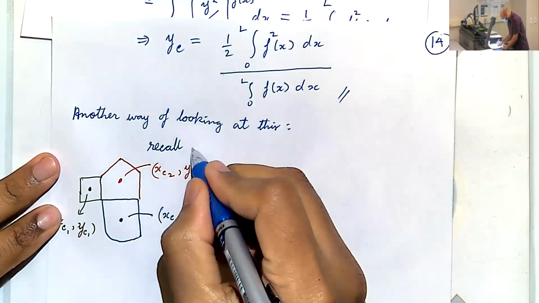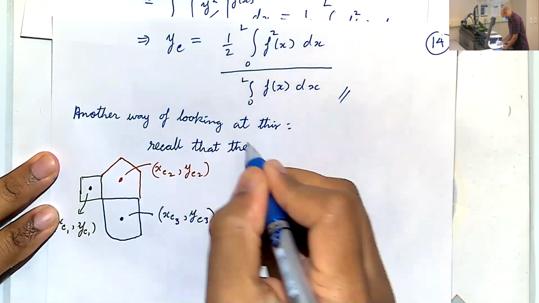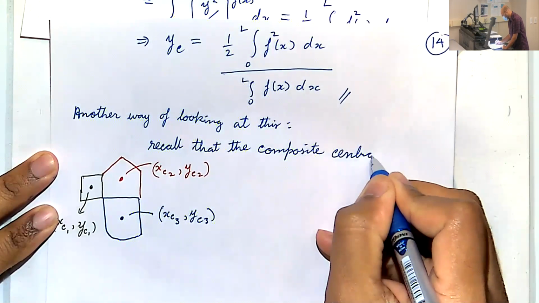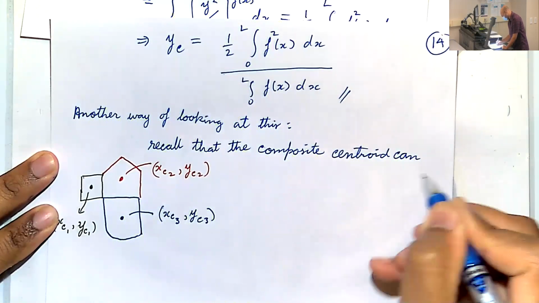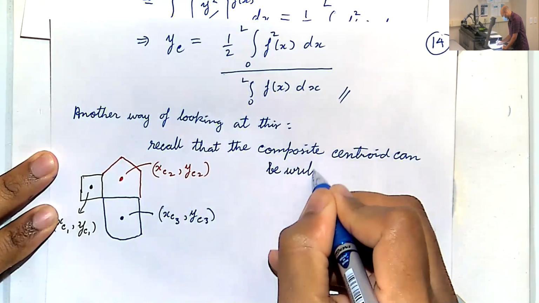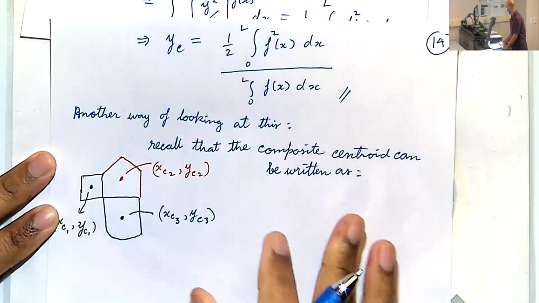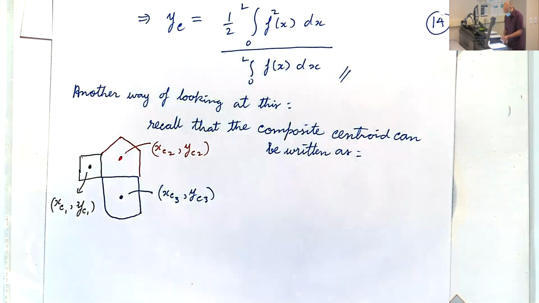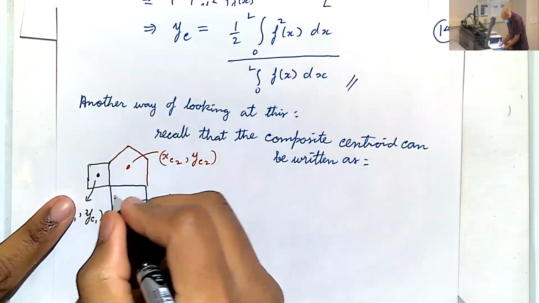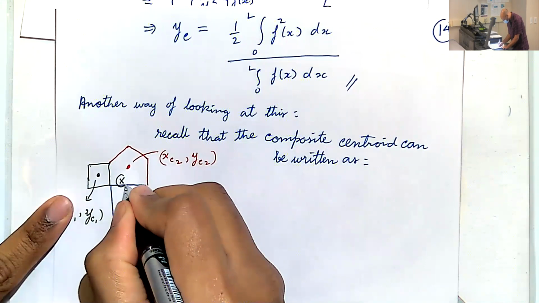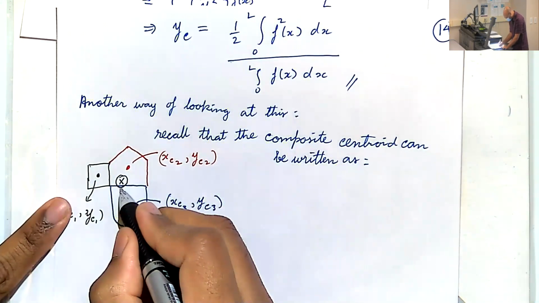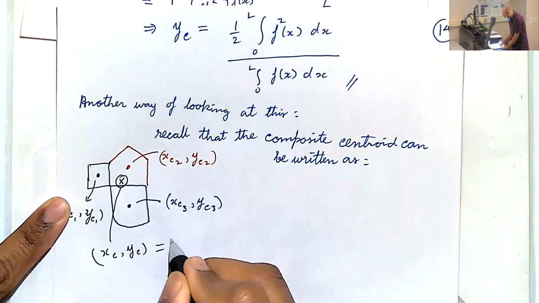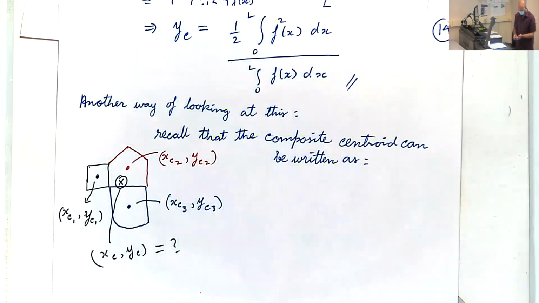What is the composite? Recall that the composite centroid can be written as. Do you remember? So these 3 things are glued together, and I ask you, give me the composite centroid that might be here. What's the value of this composite XC, YC?